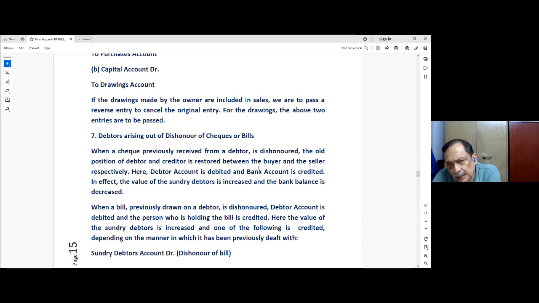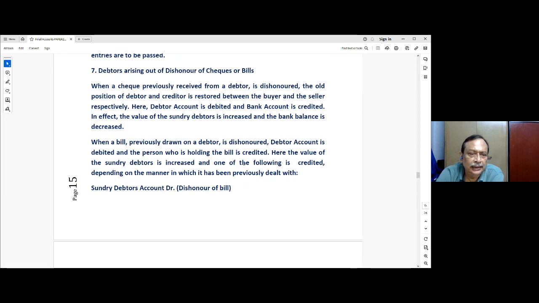Here, debtor account is debited and bank account is credited. In effect, the value of the sundry debtors is increased and the bank balance is decreased.